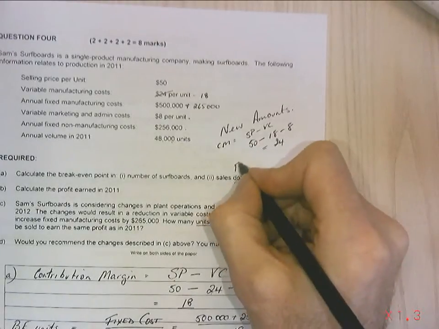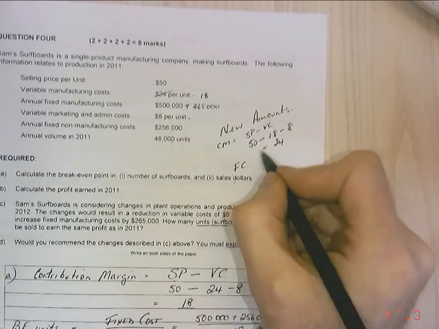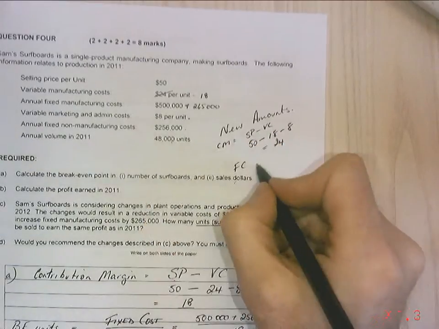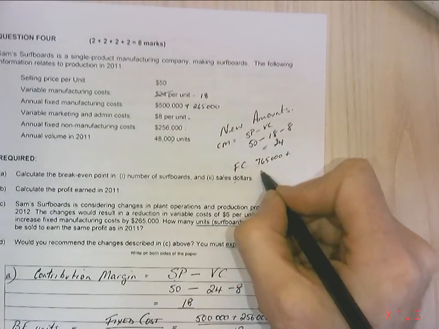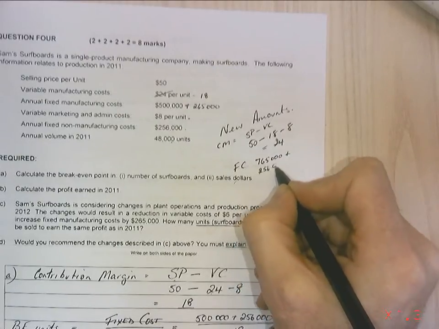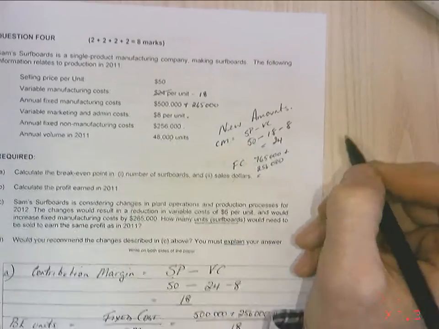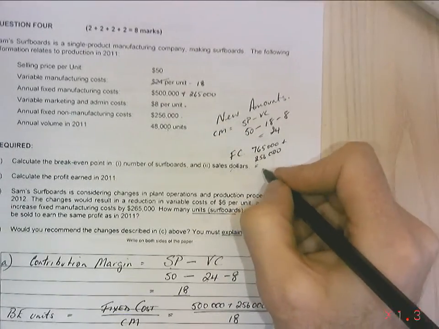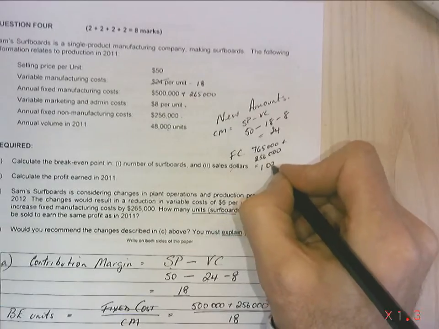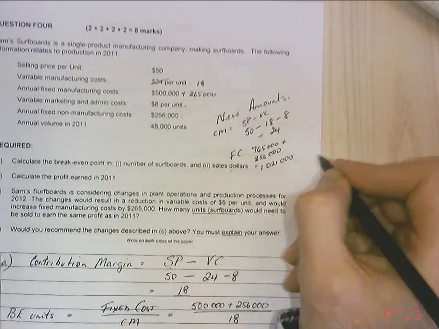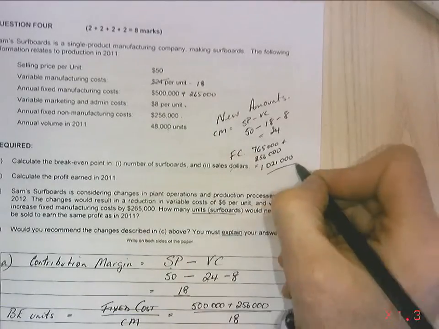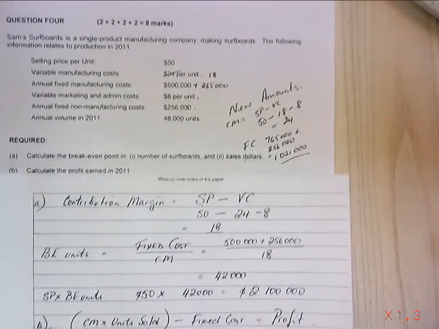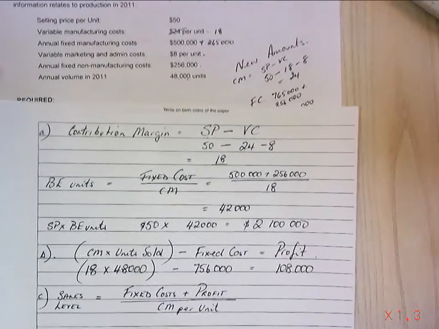And my fixed costs are 765 plus 256, which equals 1,021,000. That is my fixed costs. Alright, so let's have a look at doing that.